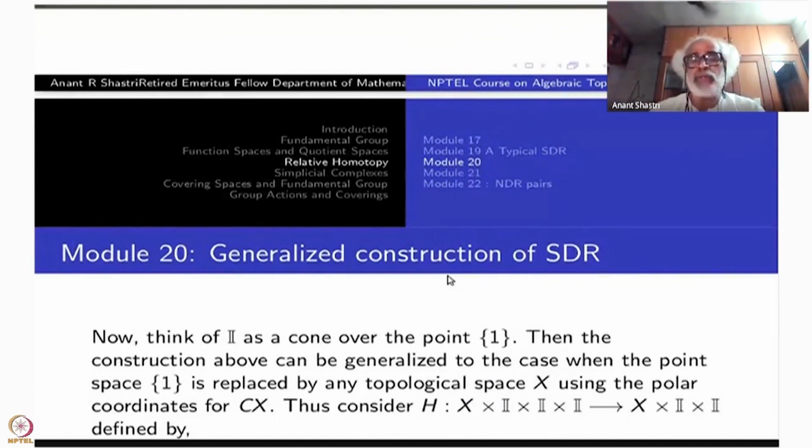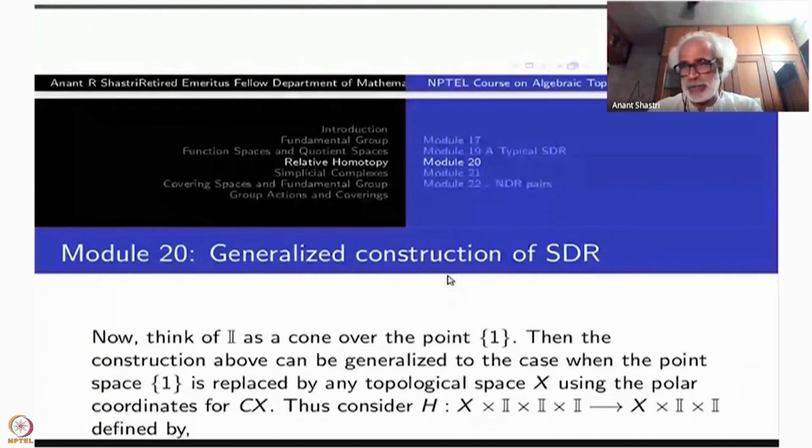Think of the closed interval 0 to 1 as a cone over 1. What is a cone over 1? What is a cone over anything? By definition, it is x cross I and then x cross 0 being identified to a single point.